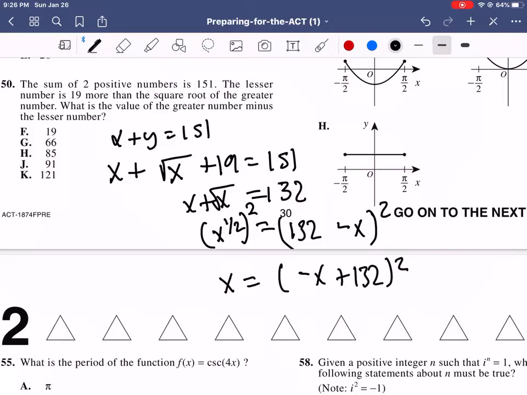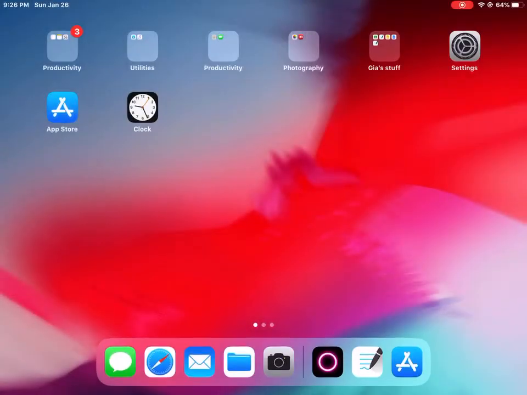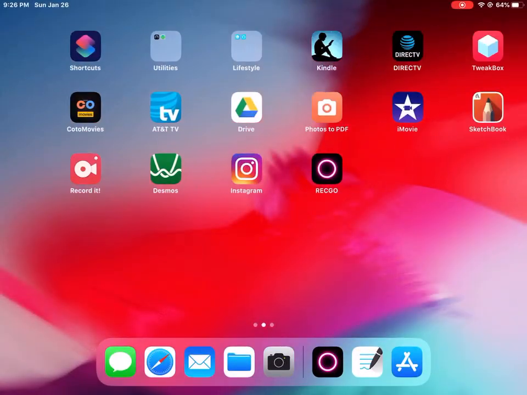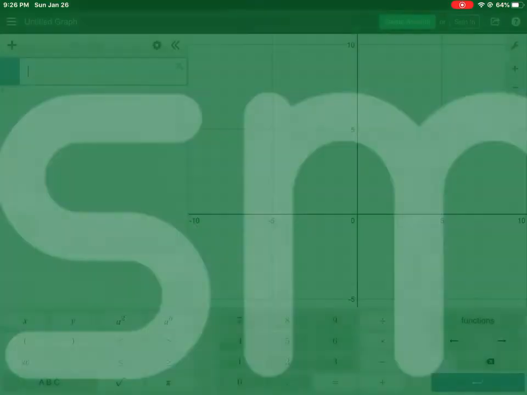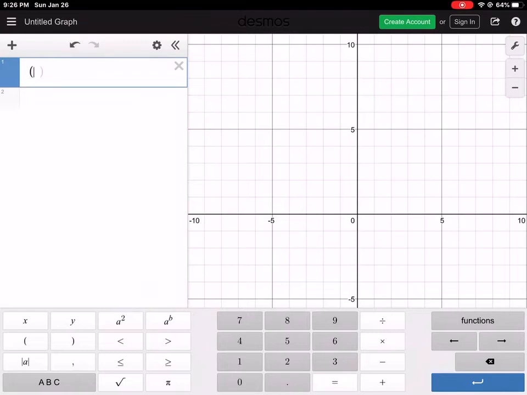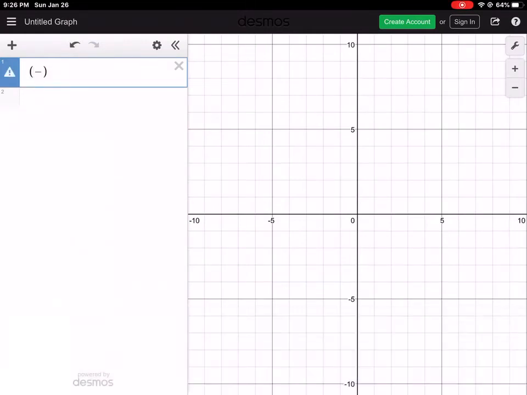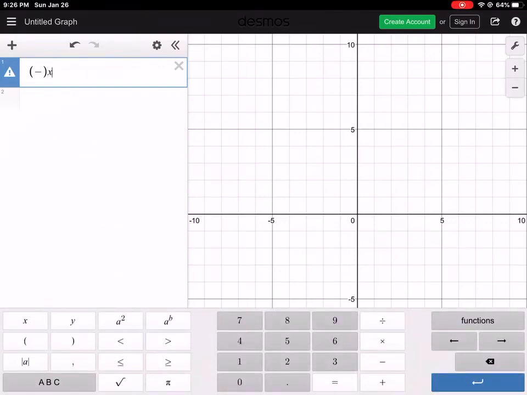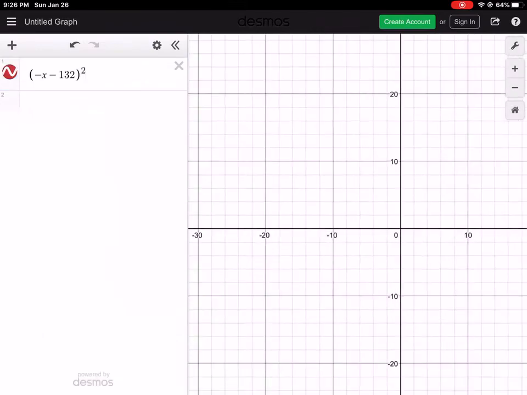Honestly, I would plot this out on my graphing calculator. So negative x minus 132, and then square root that. And what does that equal? Doesn't show you.